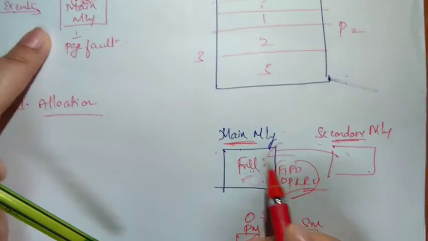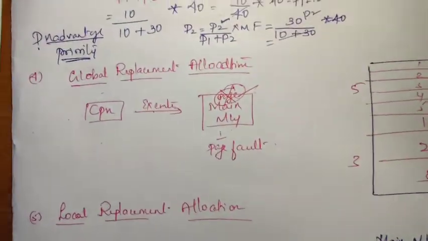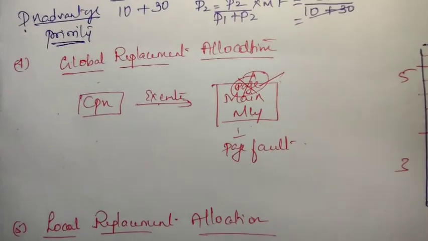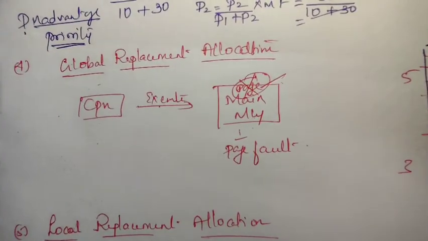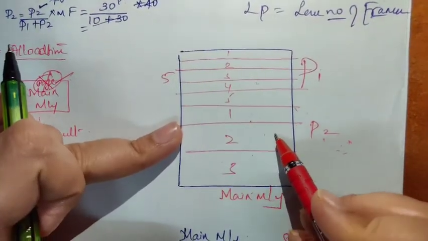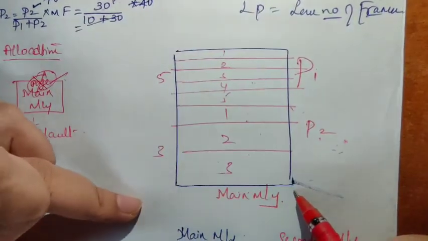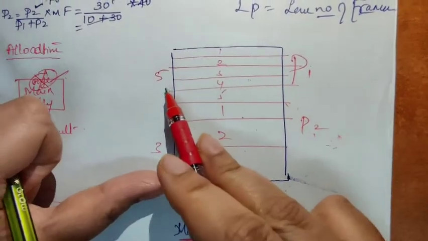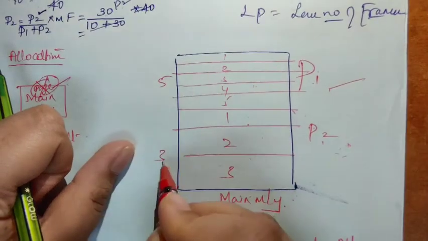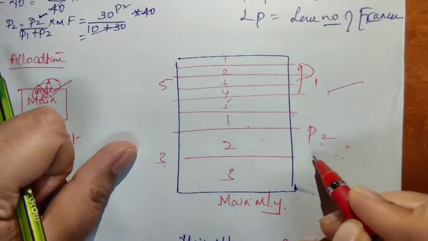replacement allocation, it allows the process to select a frame from the list of all the frames. Okay, so for example, in case of the global replacement allocation, consider this is your main memory. Here 5 frames are allocated for the process P1, whereas 3 frames will be allocated for the process P2.